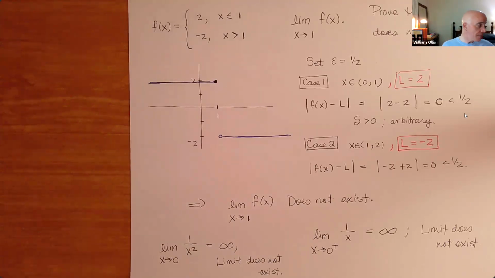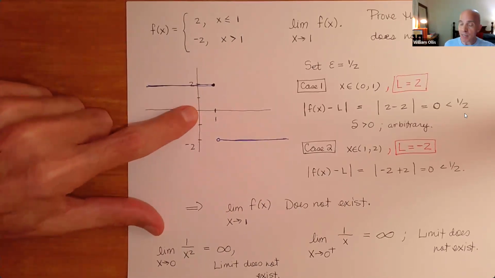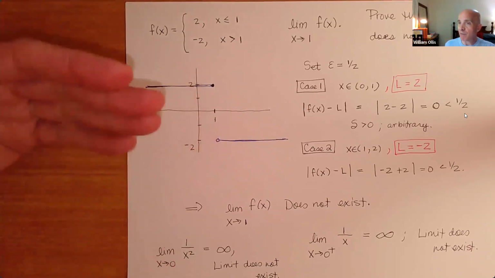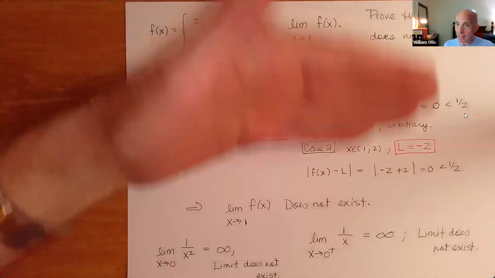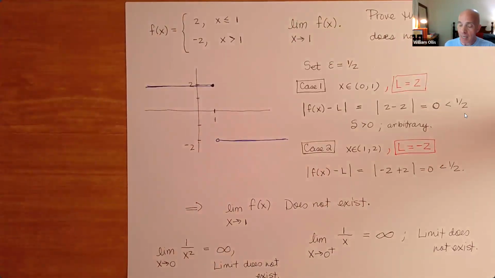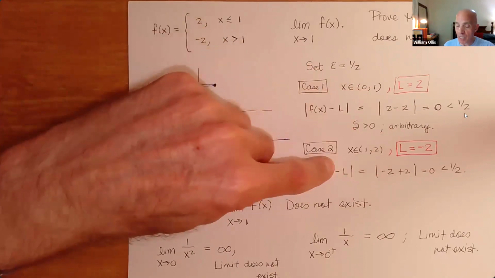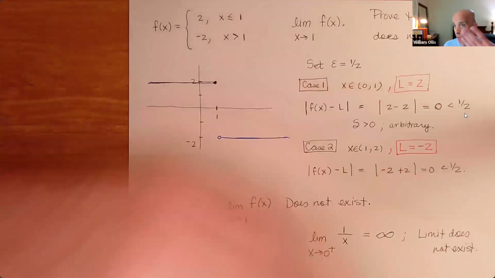So just remember, this process is made simple by looking at the graph. Even though that's not a formal proof, you have to look at the cases. And of course, we're forced to pick different limits for the definition to work, so there is no limit.